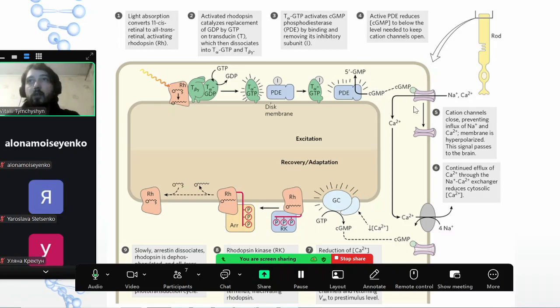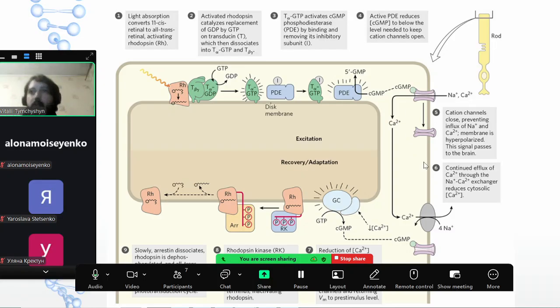This cGMP was used to keep sodium channels open. When its concentration decreases, it starts leaving these channels, and the channels start closing. So the cation channels close. That prevents the influx of sodium and calcium, and the membrane starts being hyperpolarized, and the signal basically will be passed to the brain.